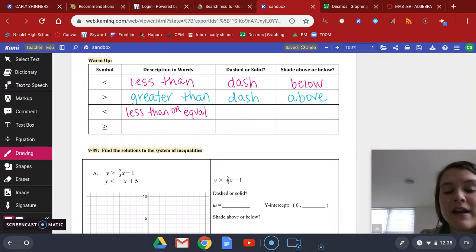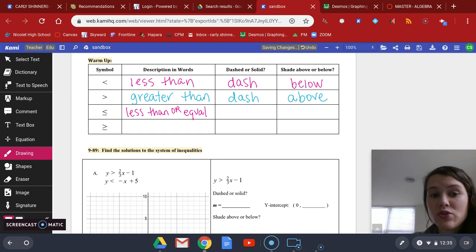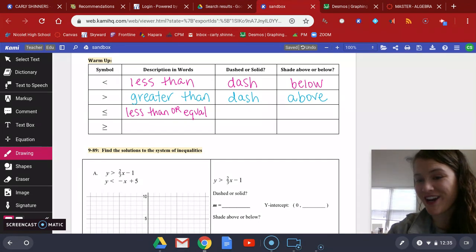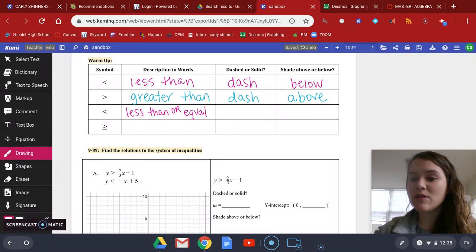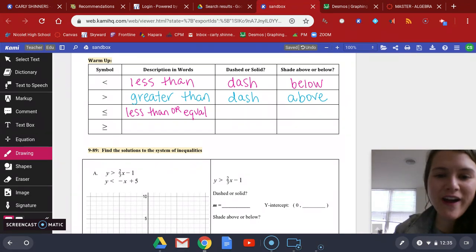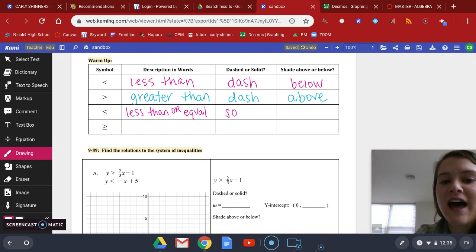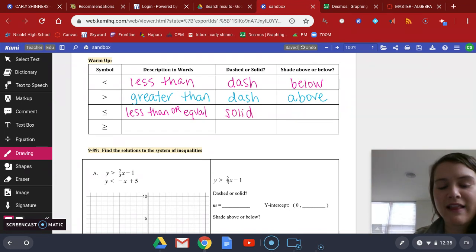So this is when being equal to the boundary point is A-okay. I always think of the express checkout line: 15 items or less. So if you've got 15 items, heck yeah, that is the solution. You can get in that line. That's cool. We are going to be shading below still because this is less than.